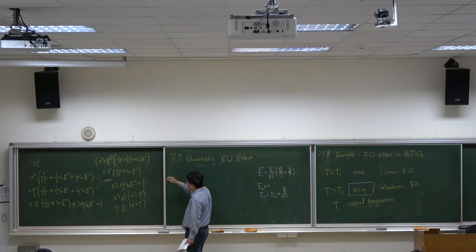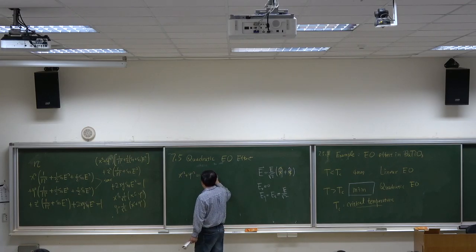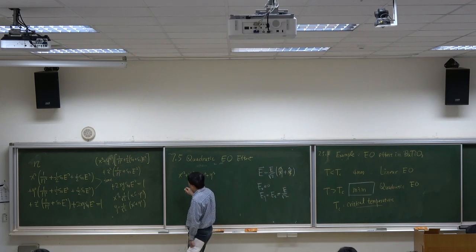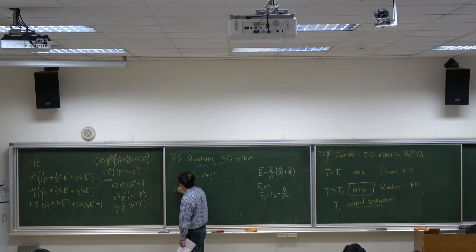After rotation, the sum of the square terms is the same as before. And 2xy now becomes x prime squared minus y prime squared.